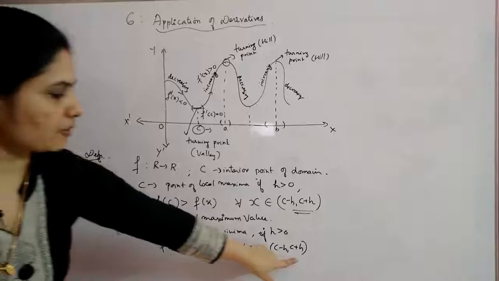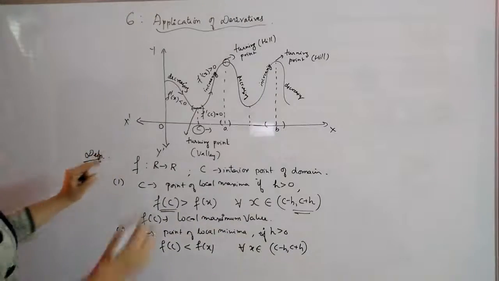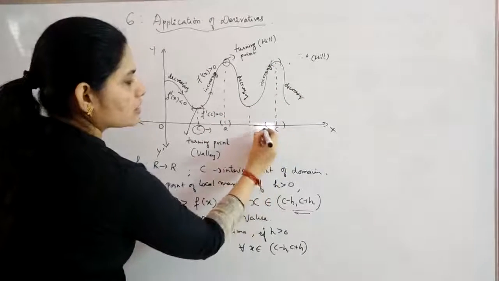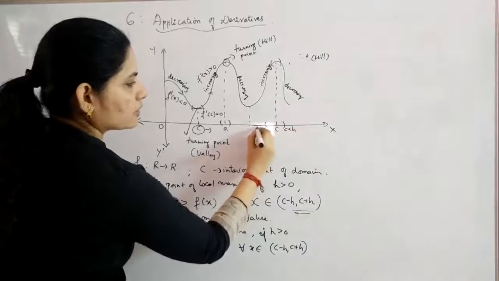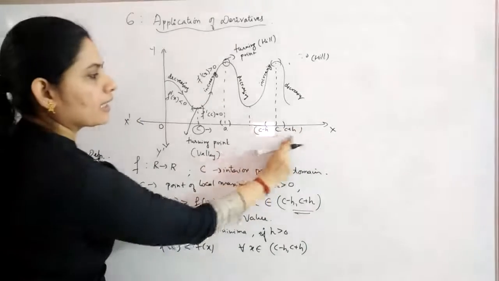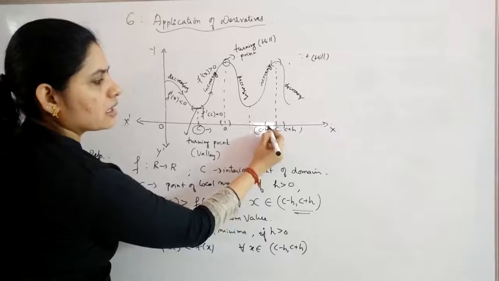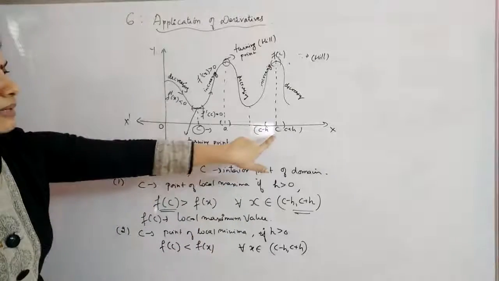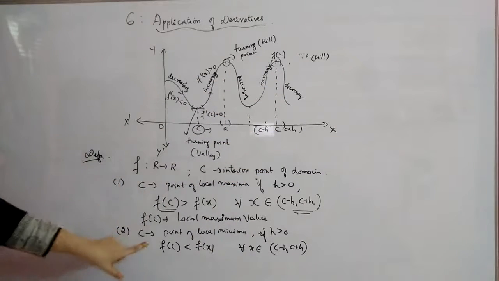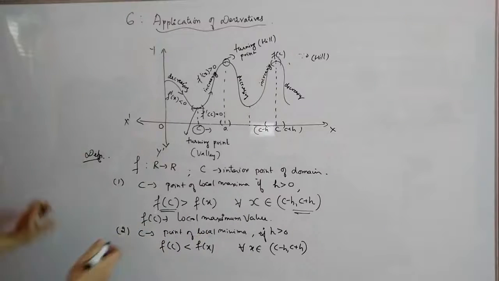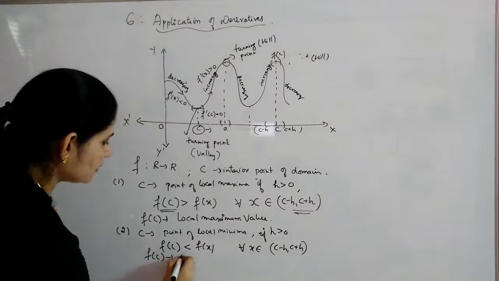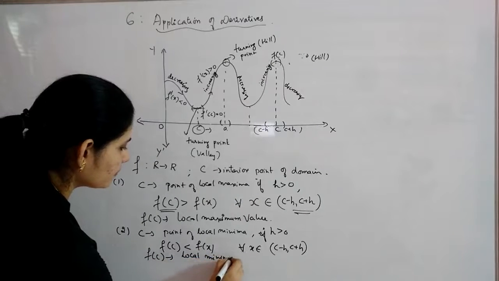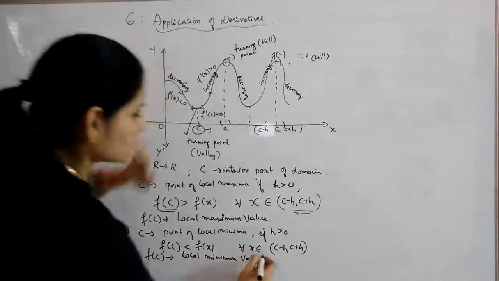So this x can be any point in the small interval, but the minimum value is given when the function's value is at c. Understood? Then you will say that c is the point of local minima, or f of c will become the local minimum value. So here what I have shown is the local maximum value.